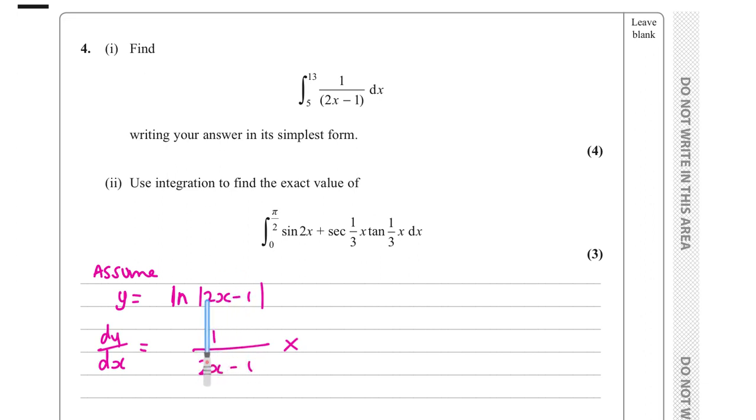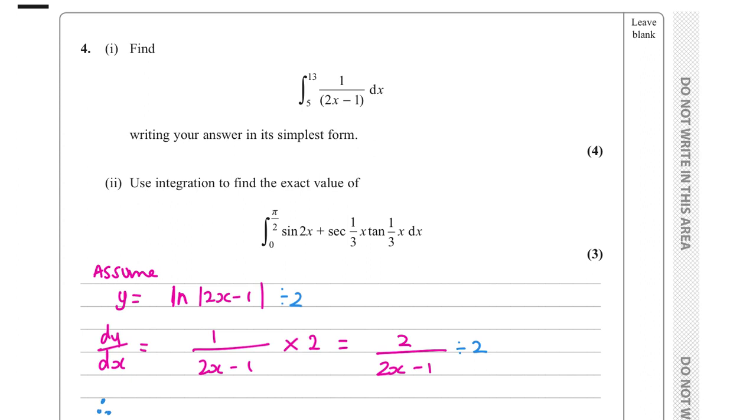Okay, this is chain rule. If I differentiate 2x minus 1, what do I get? 2. So I get 2 over 2x minus 1. However, I just want one lot of this. So I know I need to divide this whole thing by 2. That means I need to divide my original equation by 2.